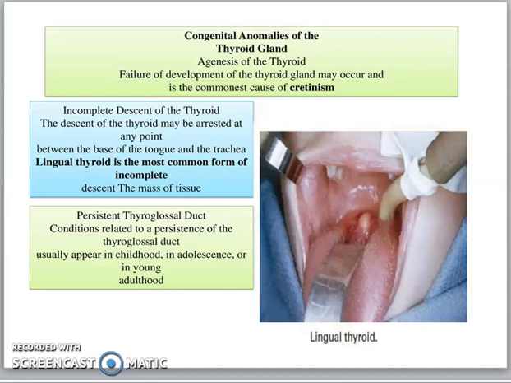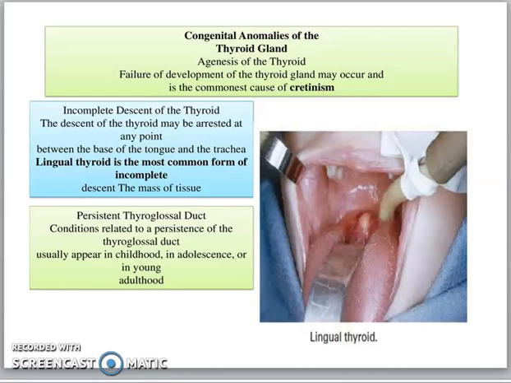So lingual thyroid is the most common form of incomplete descent of thyroid tissue. So instead of the thyroid going to the anterior aspect of the neck, it could be stopped in the tongue, could be stopped immediately after the tongue, could be stuck at the buccal area, could be stopped anywhere. So it is named based on the location of its presence, because it has not gotten to the original location.